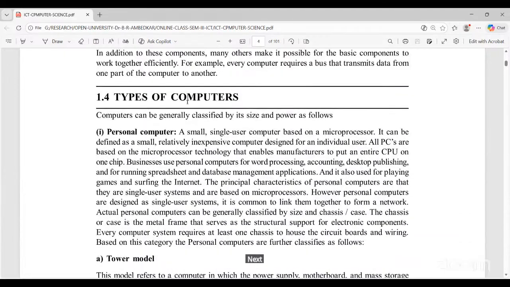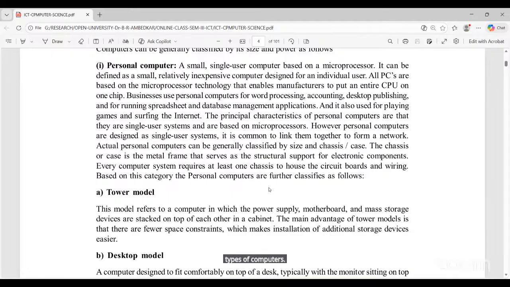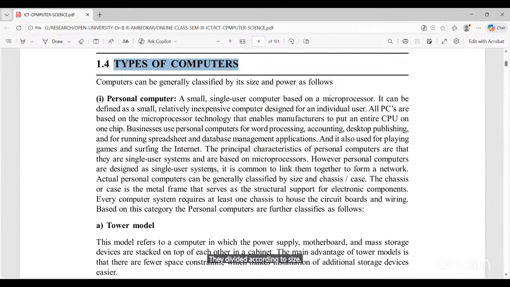Next one is types of computers. Computers are divided according to size. The computers, if you see, their size is very small.